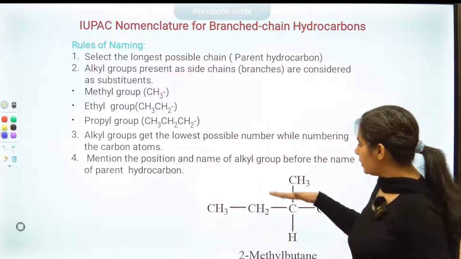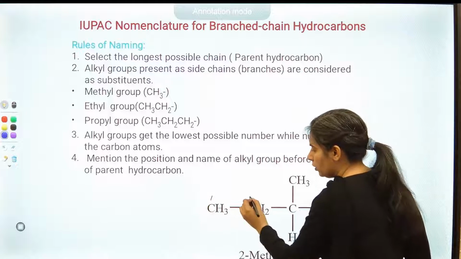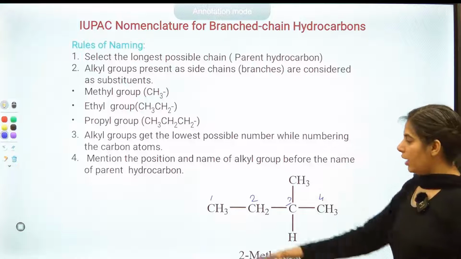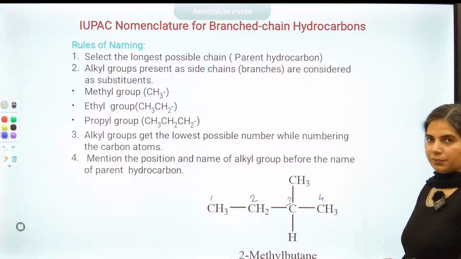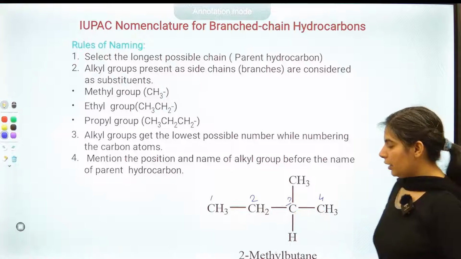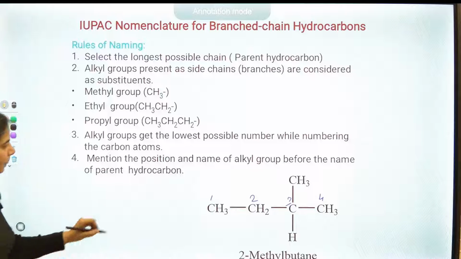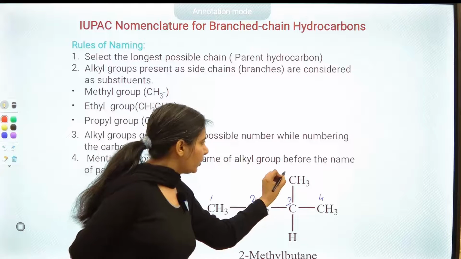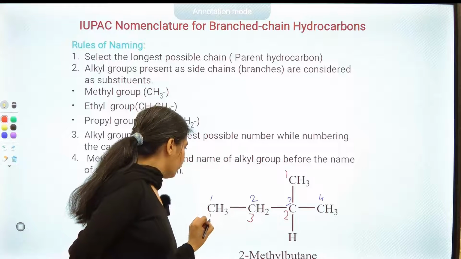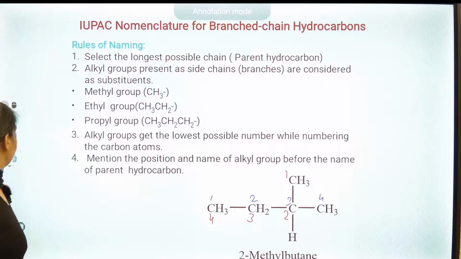Say, if I consider this example, we have 1, 2, 3 and 4 carbons arranged in this manner. We can also number this in a different way. Say we start from there, 1, 2, 3, 4. This is another way we can do numbering.